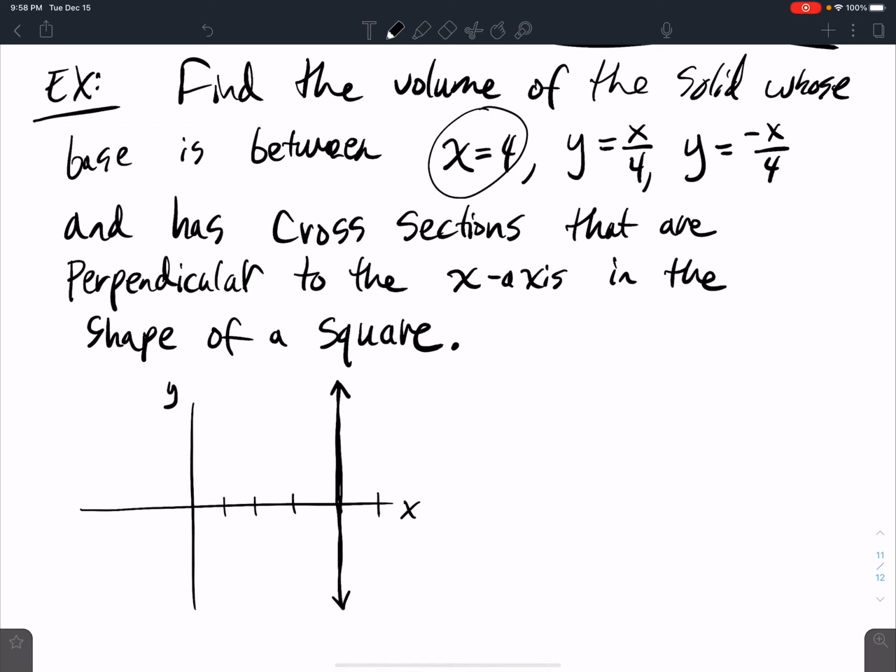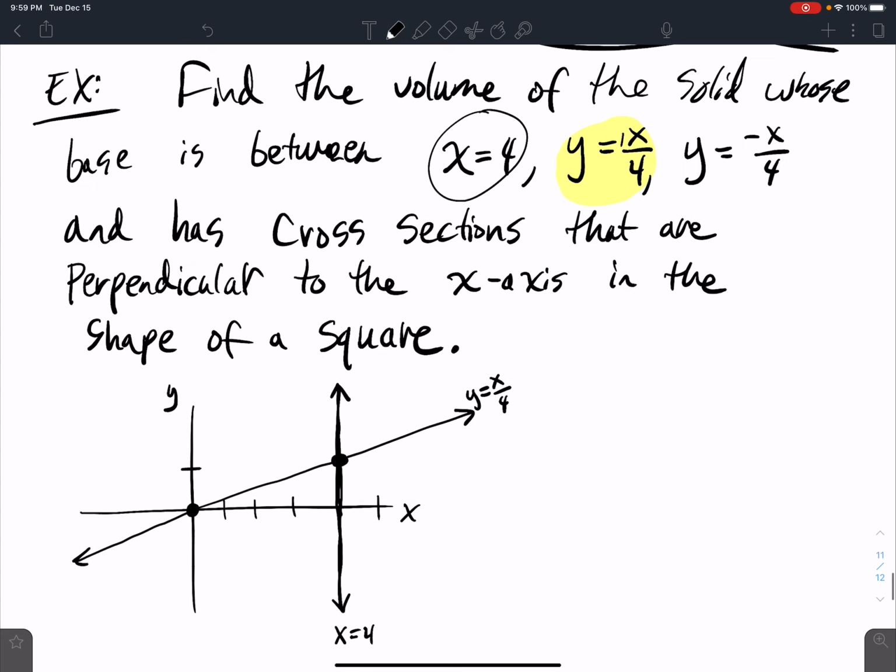Vertical line, x equal 4. And then y equal x over 4. This is a line with slope 1/4, and y-intercept going through the origin. So up 1 over 4. So I want to connect my dots here. Okay, so that's y equals x over 4.